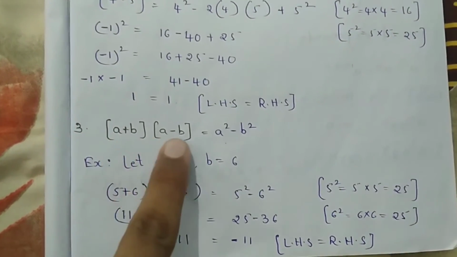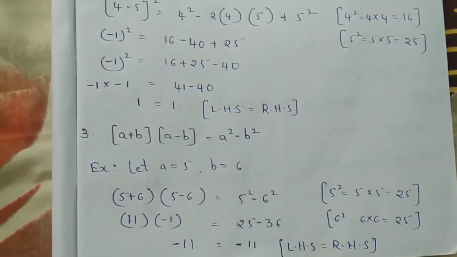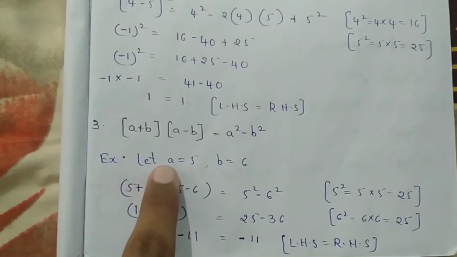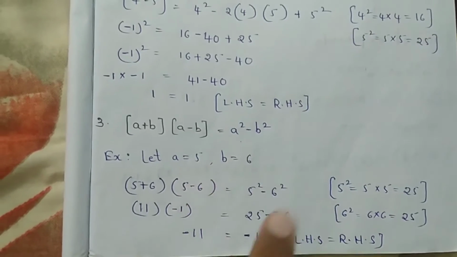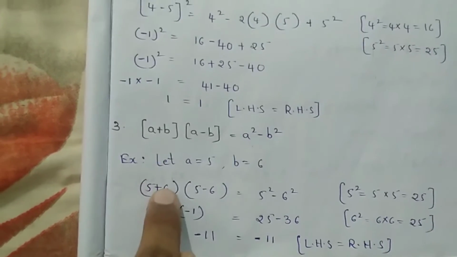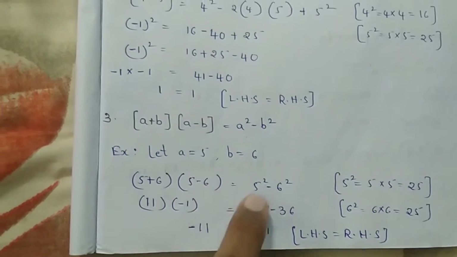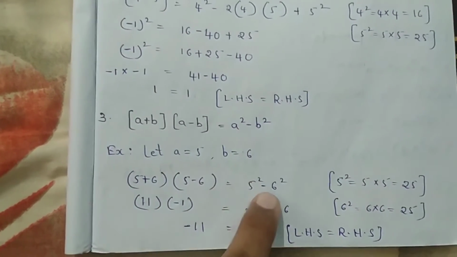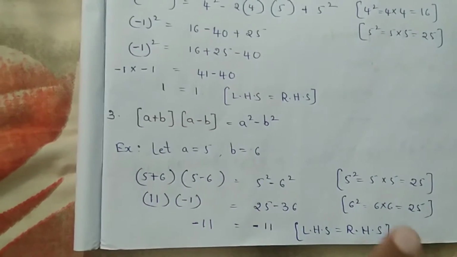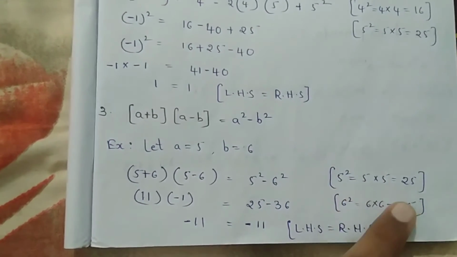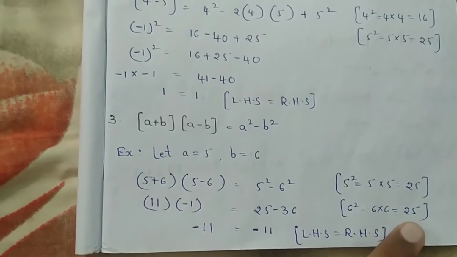Next, (a + b)(a − b) is equal to a² − b². Let a = 5 and b = 6. (5 + 6)(5 − 6) is equal to 5² − 6². 5² is nothing but 5 into 5, 25. 6² is nothing but 6 into 6, 36.